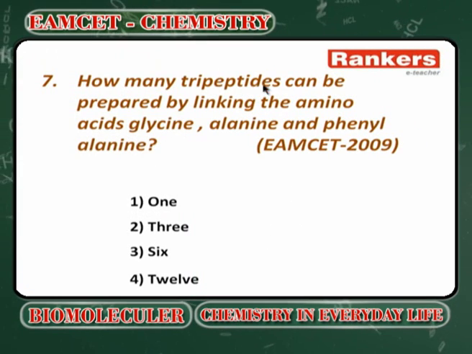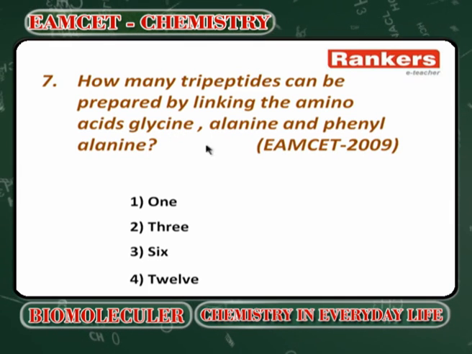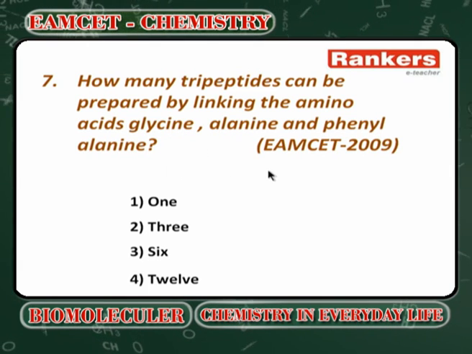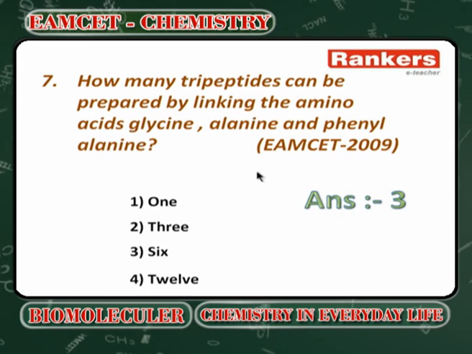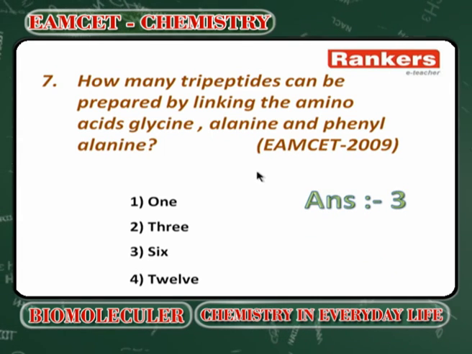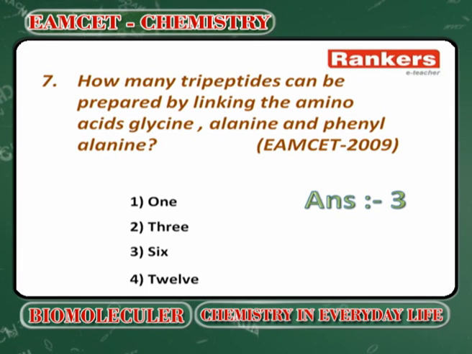How many tripeptides can be prepared by linking the amino acids glycine, alanine and phenylalanine? Let us code glycine as A, the second one as B, and the third one as C. So, A, B, C together is known as a tripeptide, right?